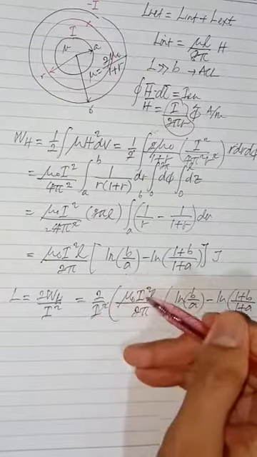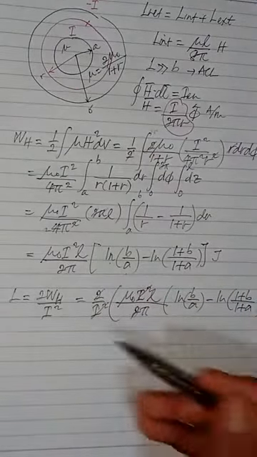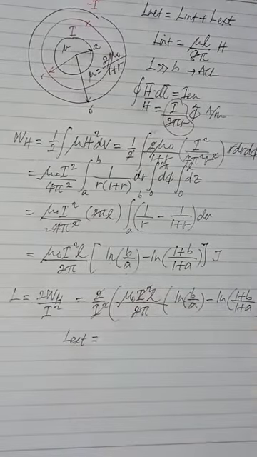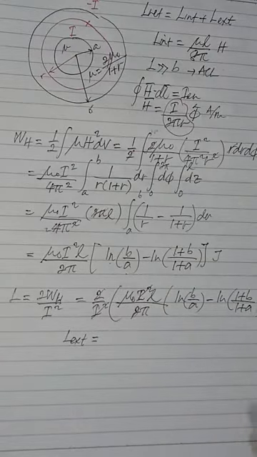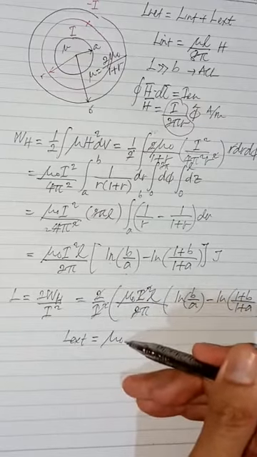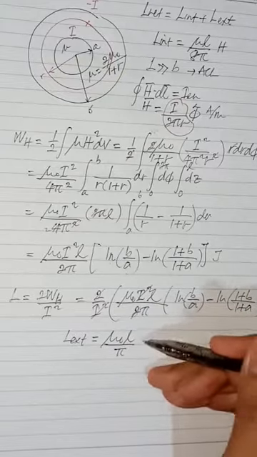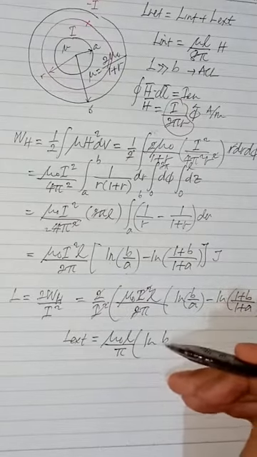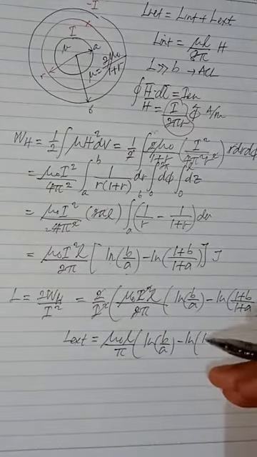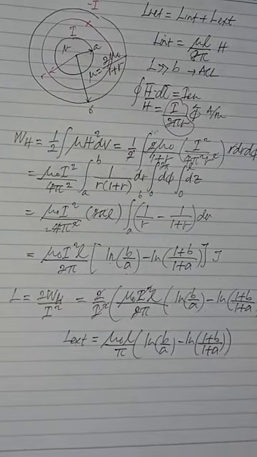I squared down there, I squared up there, the 2 up there, 2 down there, so left only pi. So the L external of this coaxial cable is going to be mu naught L over pi, times ln B over A minus ln 1 plus B over 1 plus A.